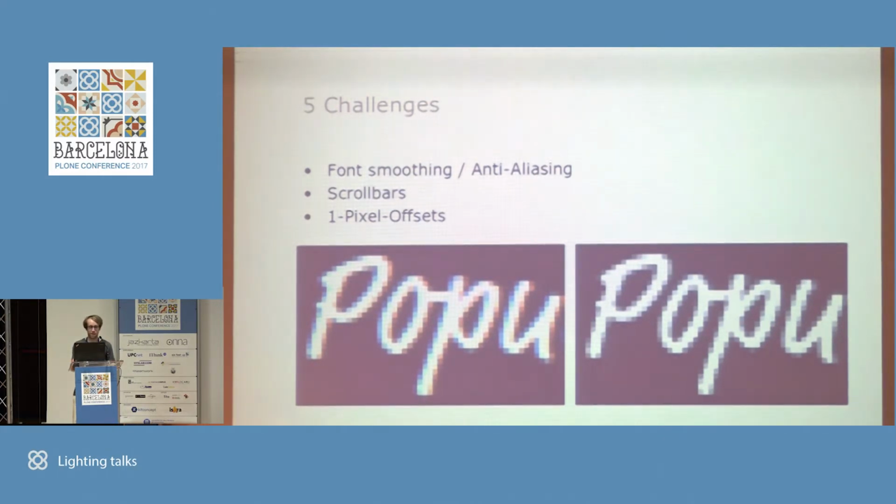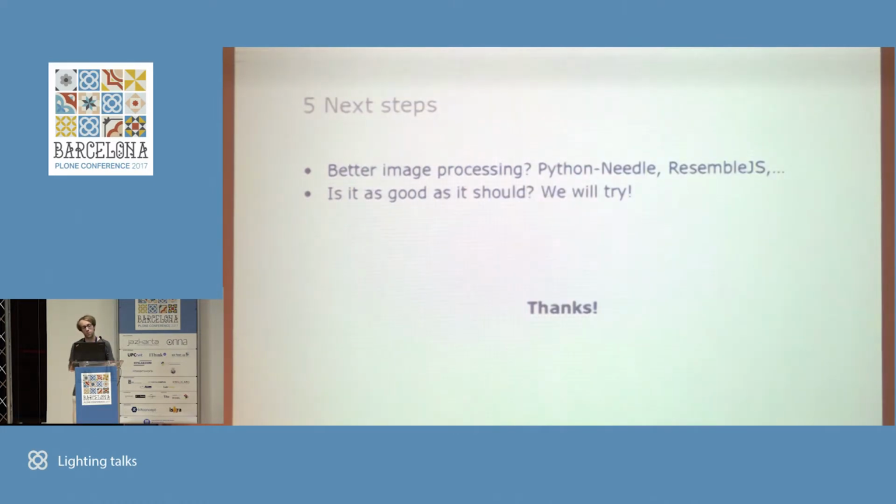The next steps we want to do are facing these problems, maybe using another image processing library, Python Needle, Resemble.js, or there are some others too. And we want to look if it really flies. And maybe next year, I heard there is a Plone Conf again, maybe we can present some results. Thank you.